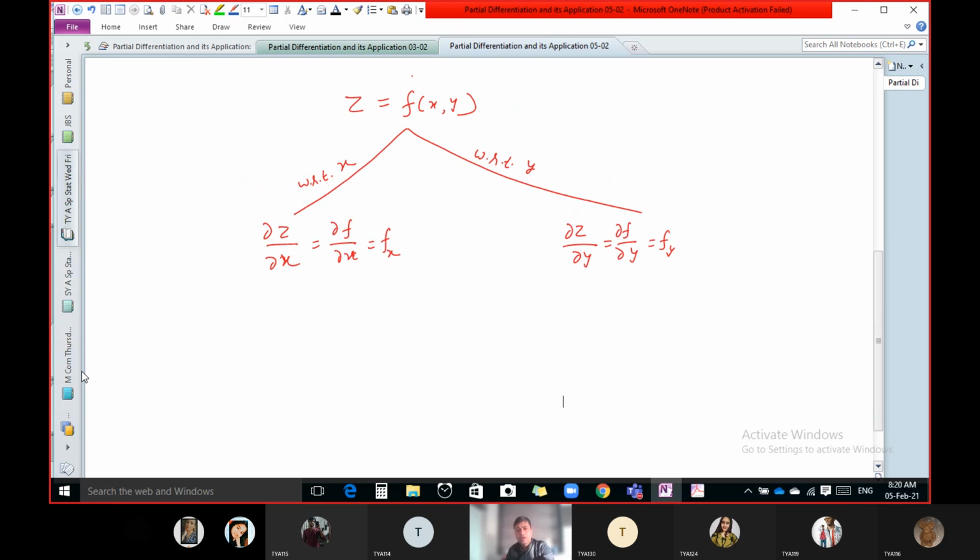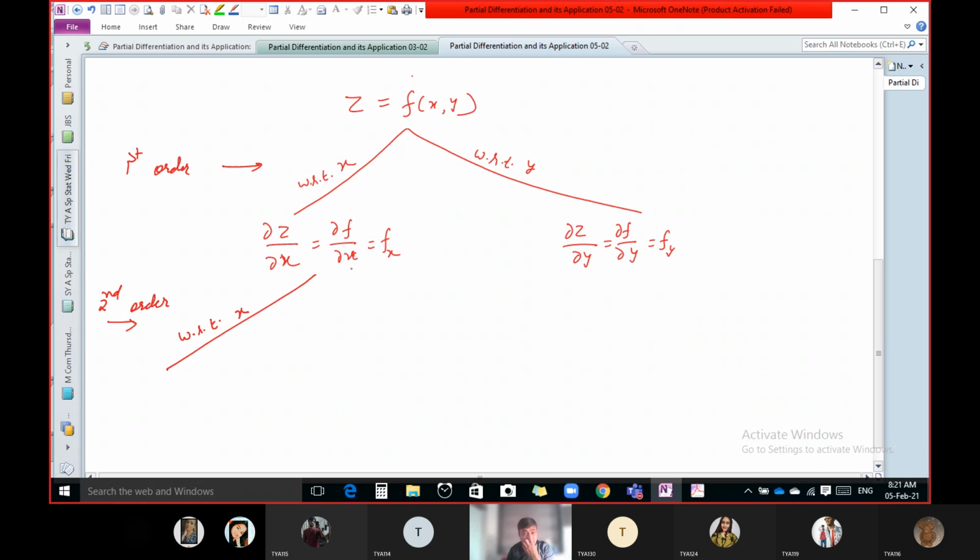Now if we differentiate this delta z upon delta x once again with respect to x, it is known as second order derivative. This one is the first order derivative. Now if we again differentiate, then it is known as second order derivative.